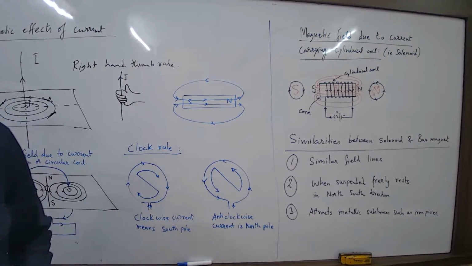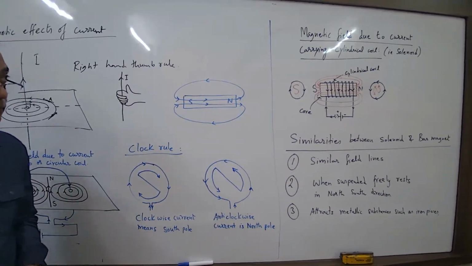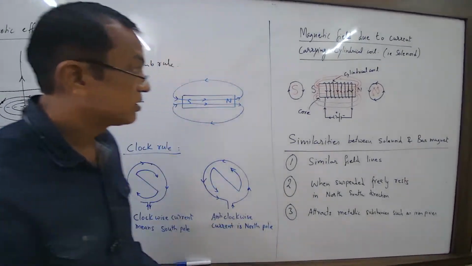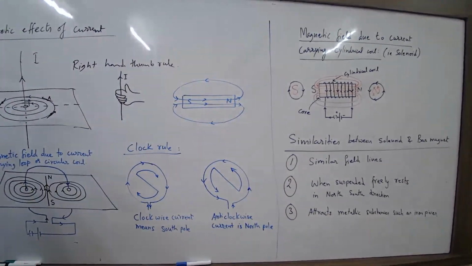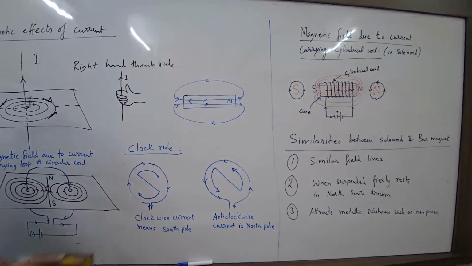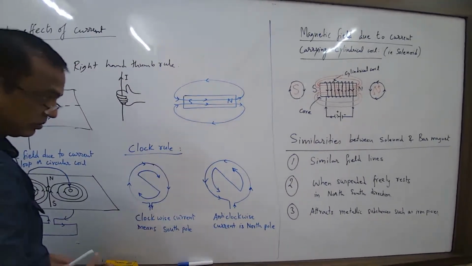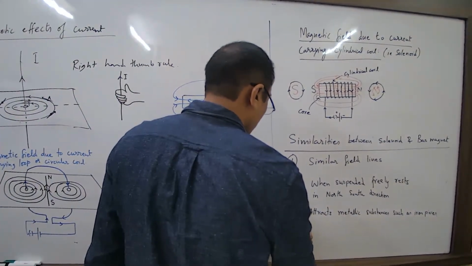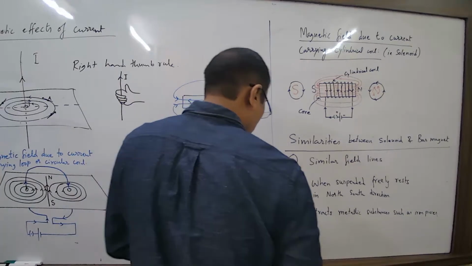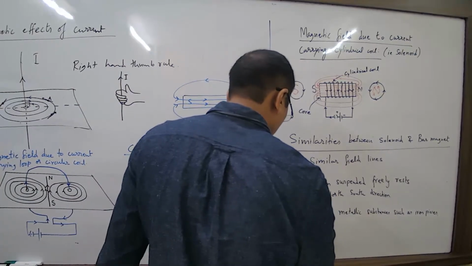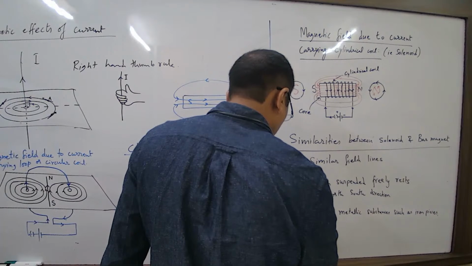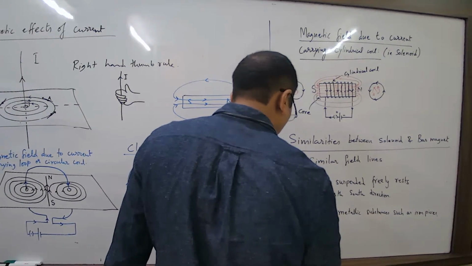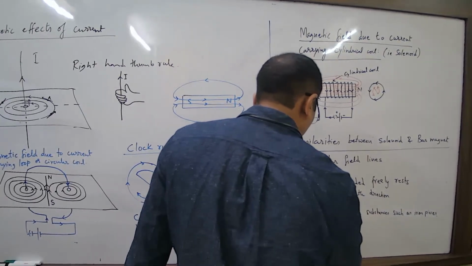What are the dissimilarities? Dissimilarities में क्या है? This is not permanent. It's a temporary magnet with bar magnet.